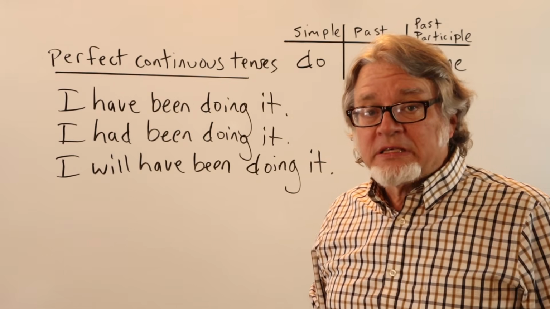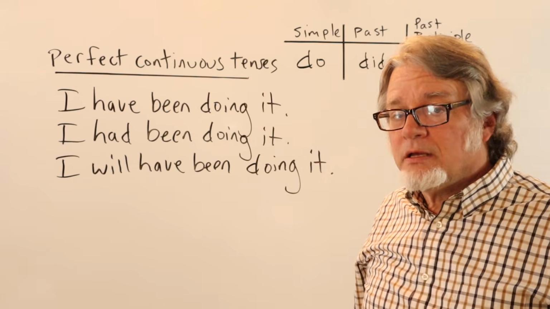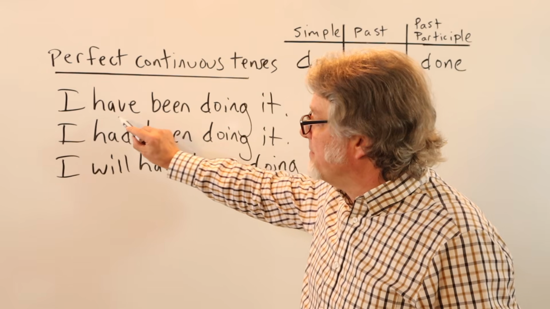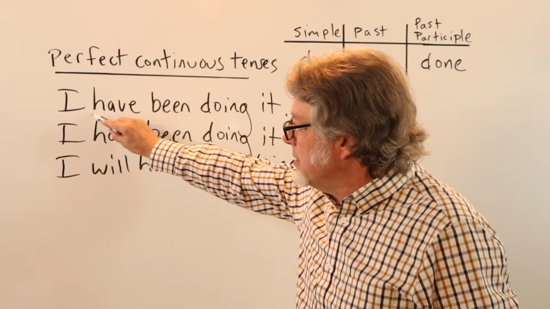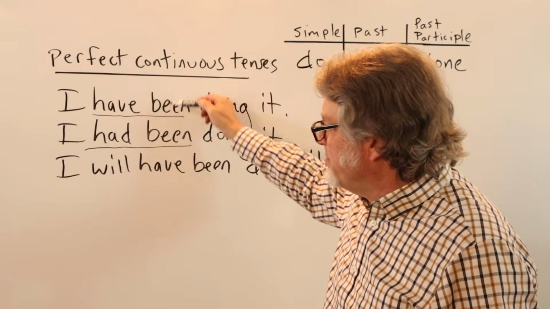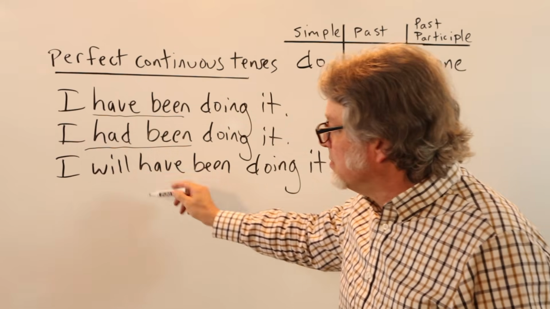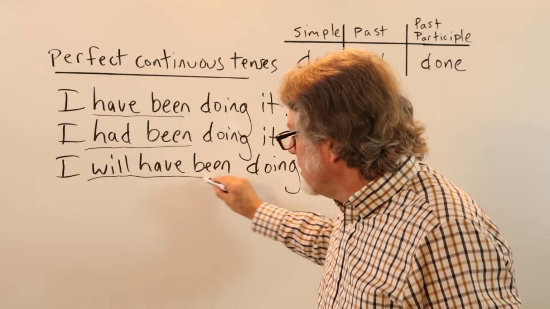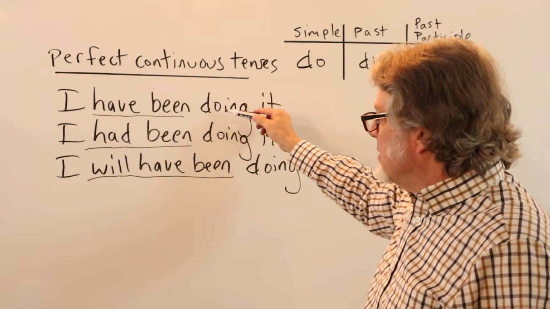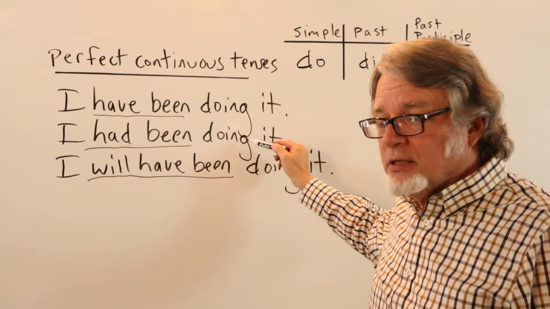Here are the perfect continuous tenses. In the perfect continuous tense, we have some form of the verb be, and it's perfect. So we have and then be, always a past participle, right here. And then the main verb in the continuous form will just have the ing.